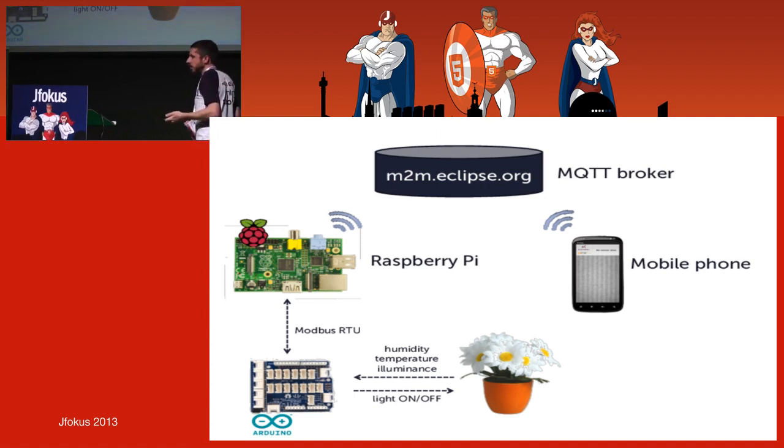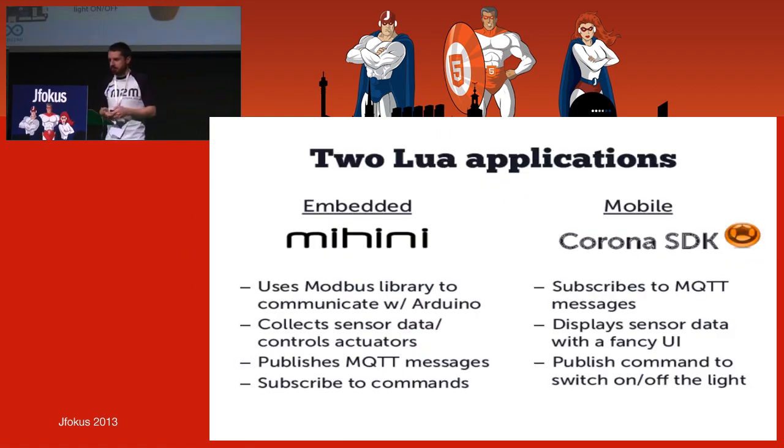So you don't even need to pay for a trial account on some company server. You just use m2m.eclipse.org. You push data to the server using the Mihini APIs, and you can start prototyping your end-user mobile application that's subscribed to the MQTT broker, and that's notified as soon as data is available, basically.